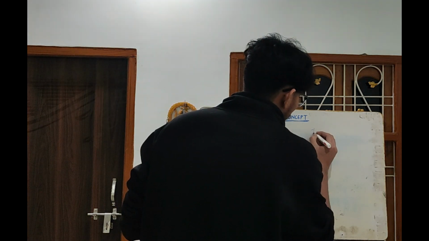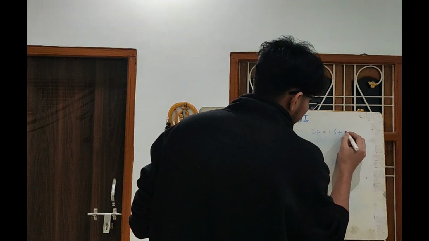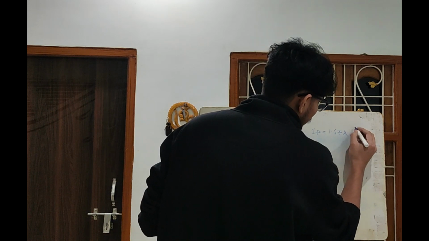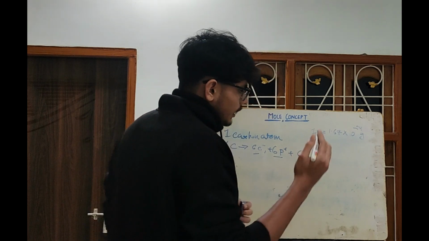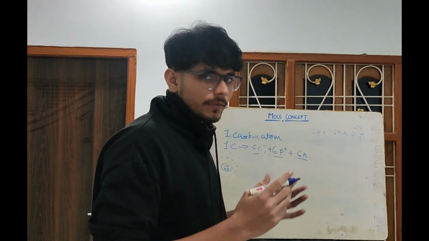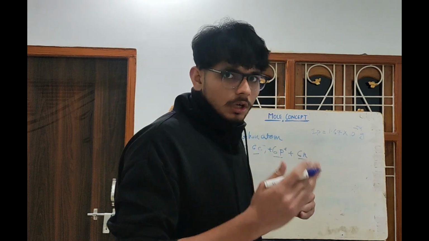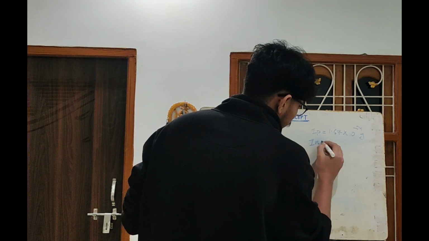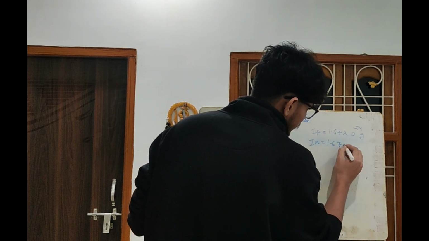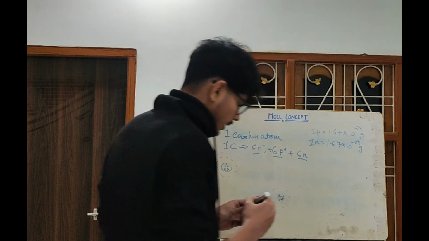One proton weighs around 1.67 into 10 to the power minus 24 grams. Similarly, a neutron has a very close weight to the proton, a bit on the heavier side, but we can take it as the same: 1.67 into 10 to the power minus 24 grams.